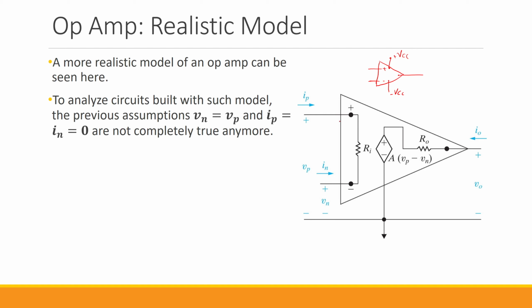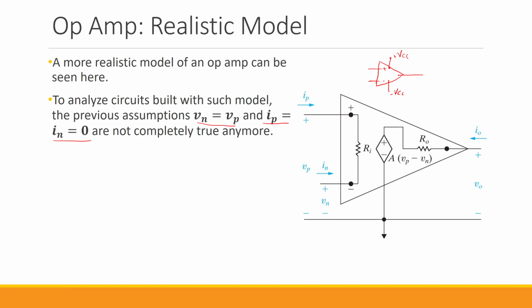We made some assumptions when we came up with these constraints. We said that for Vn to be equal to Vp, we should have a very, very large gain. But having a large gain doesn't necessarily mean having an infinite gain.